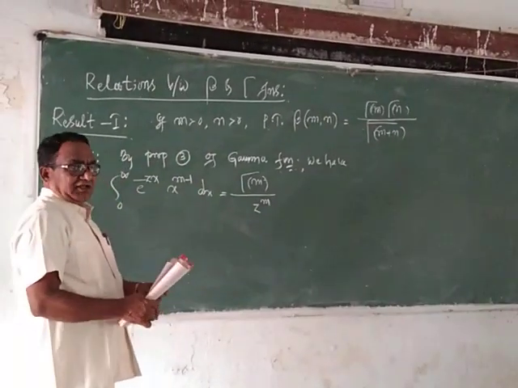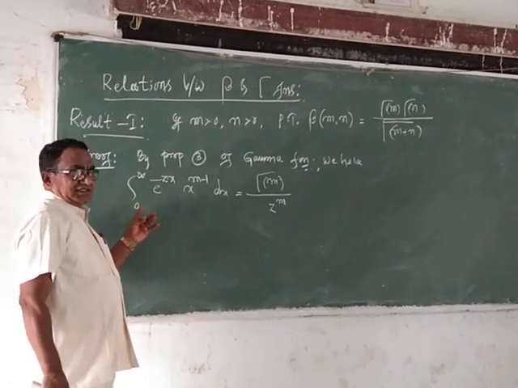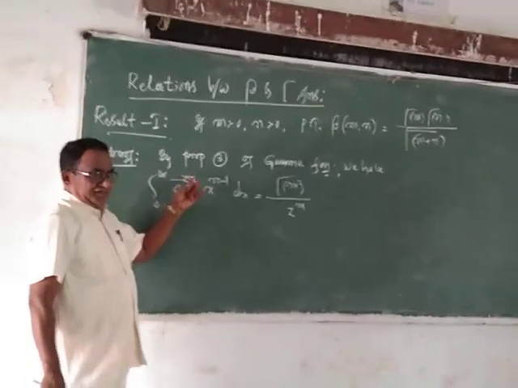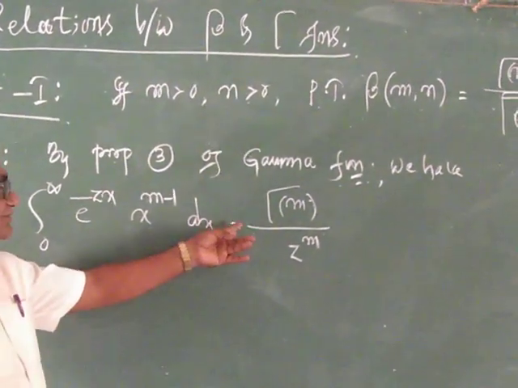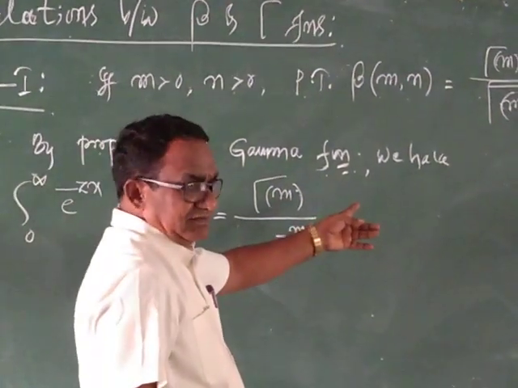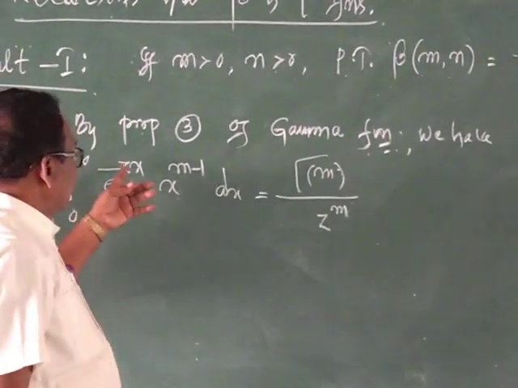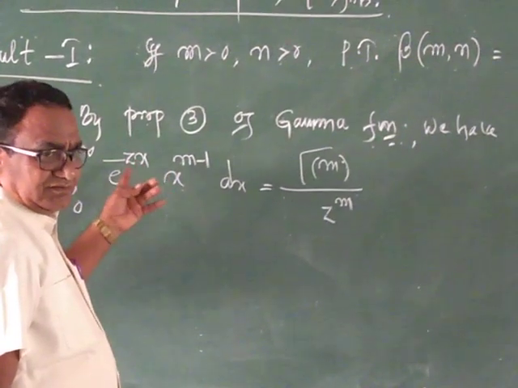Of course, while proving property number 3, we had taken it in this fashion: the integral from 0 to infinity of e to the power minus ax into x to the power m minus 1 into dx is equal to gamma m divided by a to the power m. Instead of a here, we have taken z.